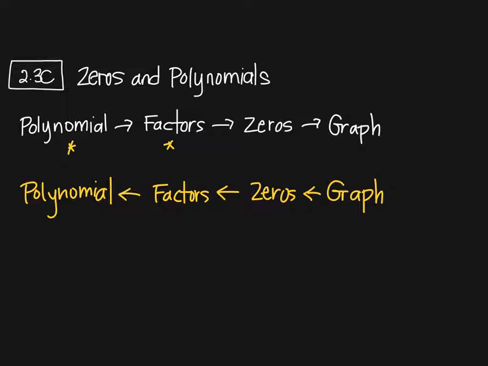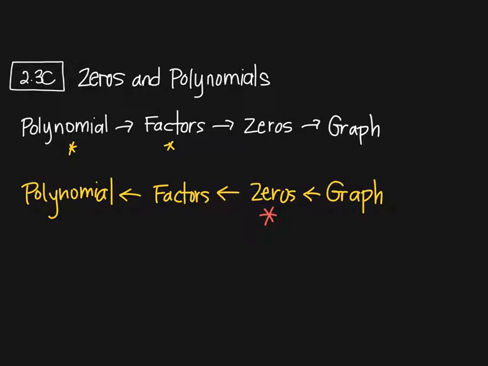So depending on where you start, you can eliminate some steps. Today I'm going to start with you at zeros, and work our way backwards to come up with the polynomial.